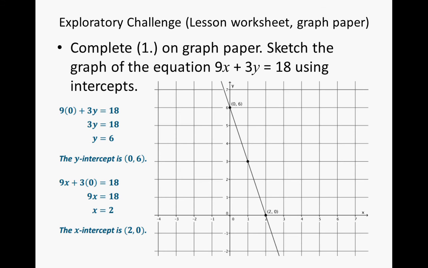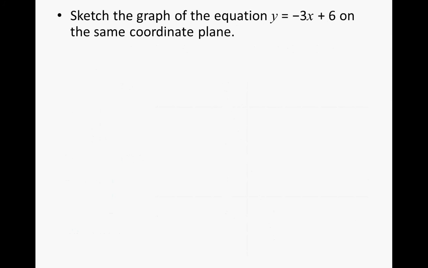So when you graph this, you would get a graph that should look like this. Alright, so now sketch the graph of the equation y equals negative 3x plus 6 on the same coordinate plane. When you've done this, go ahead and continue the video.